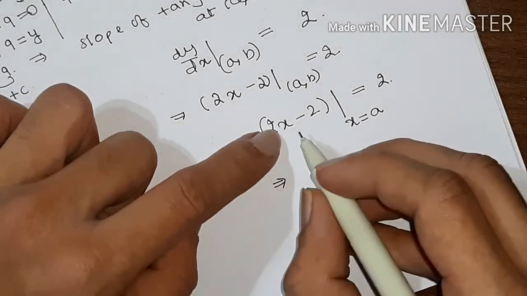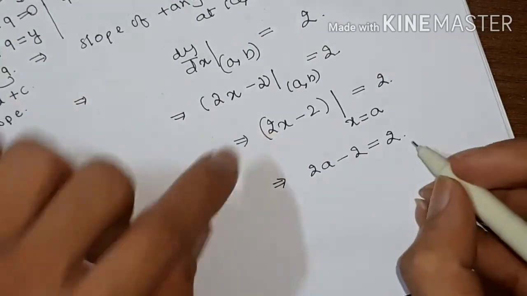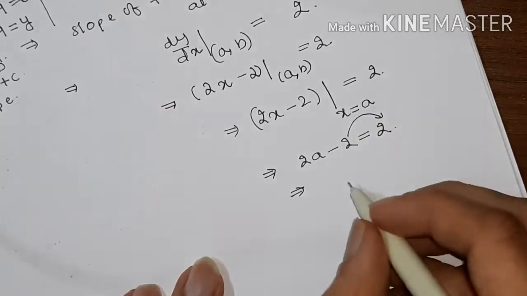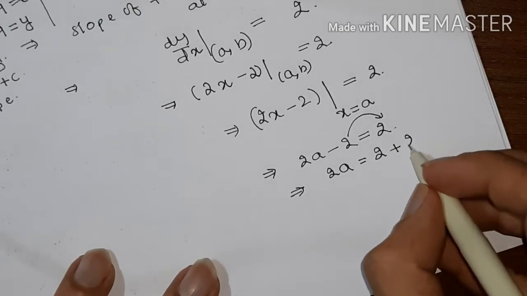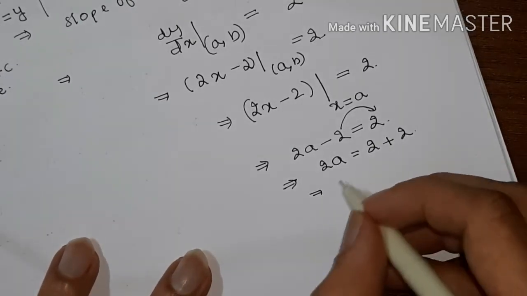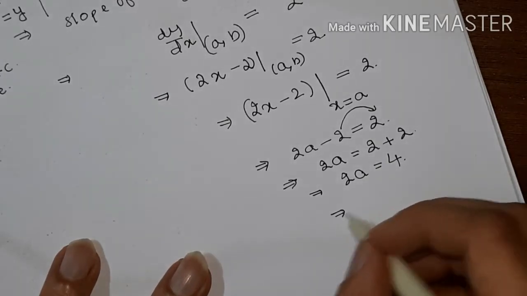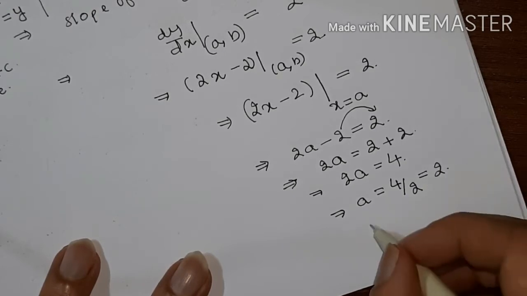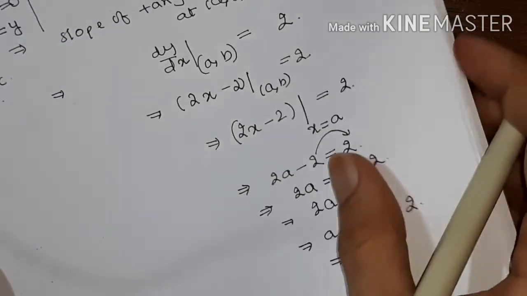So you substitute x equal to a in this, so 2a minus 2 equal to 2 you will get. Now if I take minus 2 on the other side, what I get? 2a is equal to 2 plus 2. So that is 2a equal to 4. So that means a is equal to what? 4 divided by 2, which is equal to 2. So a is equal to 2 you get.